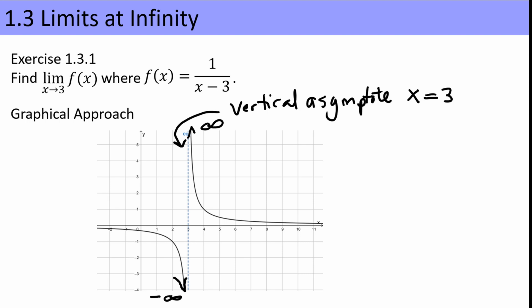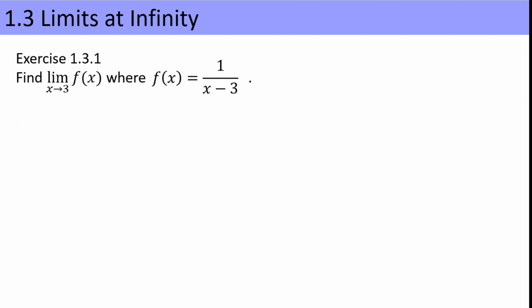So let's say this succinctly, stating the problem again. Find the limit as x approaches 3 of f of x, where f of x equals 1 divided by the quantity x minus 3. The limit as x approaches 3 from the left, the function approaches negative infinity, and the limit as x approaches 3 from the right, the function approaches positive infinity.